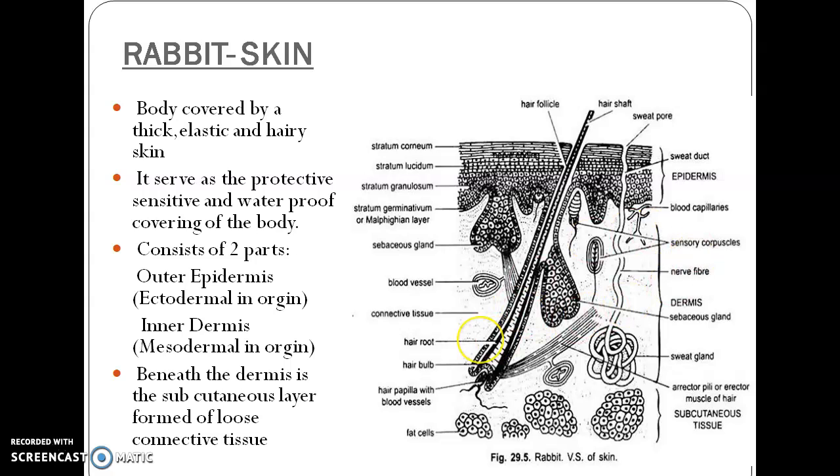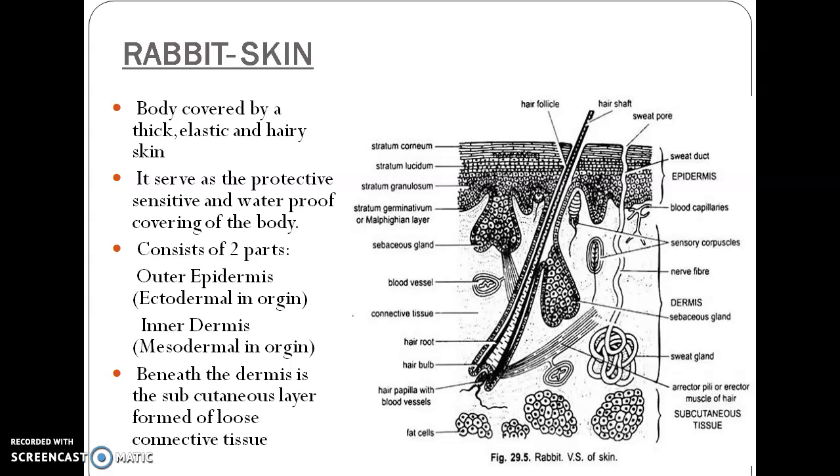Beneath this dermis, you can also see different kinds of glands like sebaceous glands, subcutaneous glands, etc. So the glands are seen just below the dermis. Okay, so we can divide the skin into three different layers: an outer epidermis, middle dermis, and inner subcutaneous layer in which the glands are found.